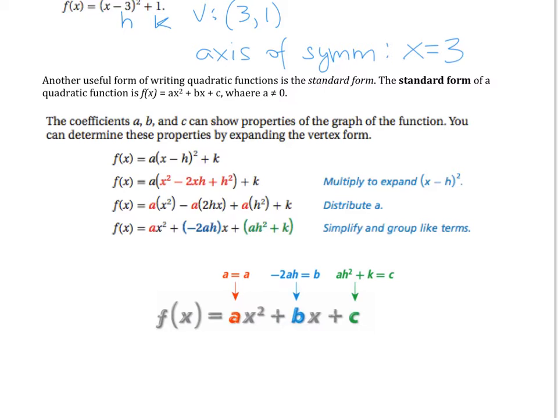Standard form is when we have everything multiplied out. It is indicated here as ax squared plus bx plus c, and again, a does not equal 0, so we do have that x squared term. This is just going through the expansion, showing you what each of the coefficients a, b, and c can represent once you've multiplied them out.